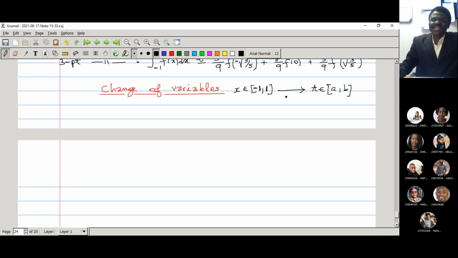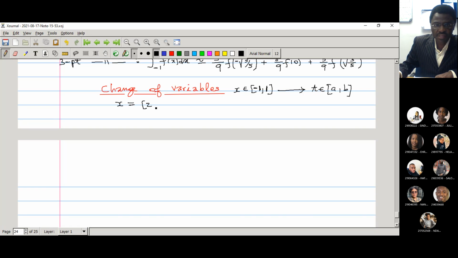You can derive that yourself, but we will not do that. You can write the formula for yourself: how do I move from here to there? You can do it, but let us just give you the formula.